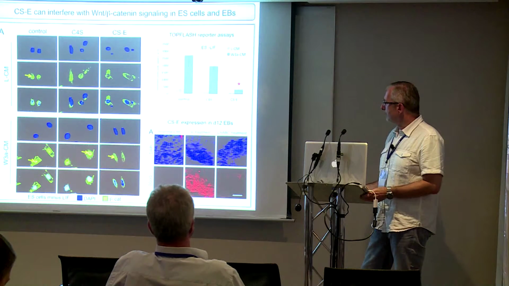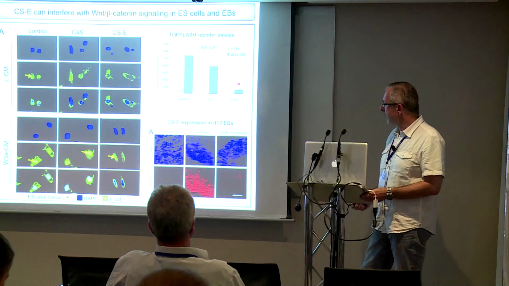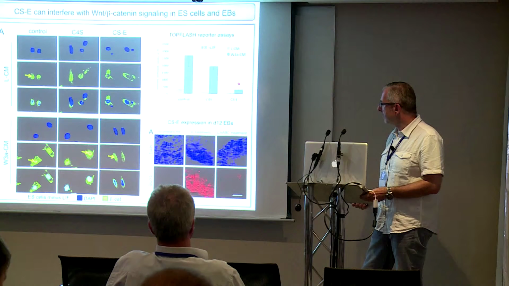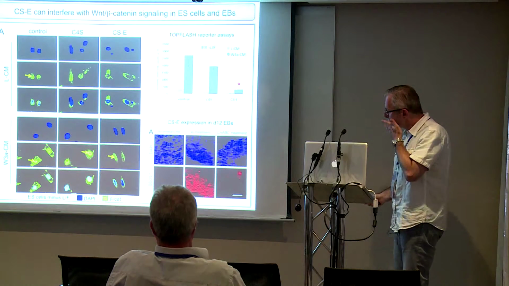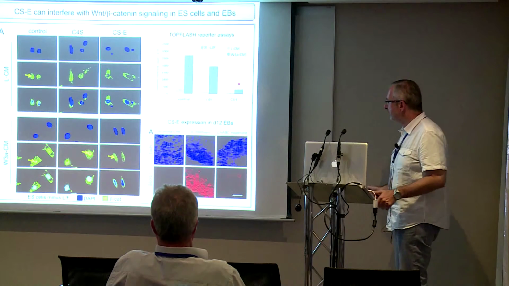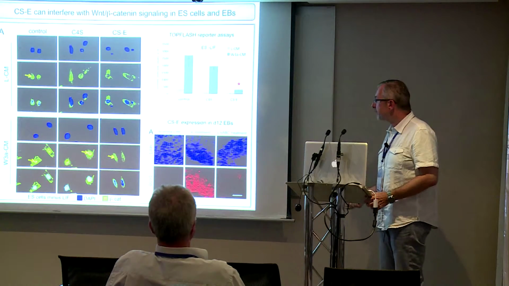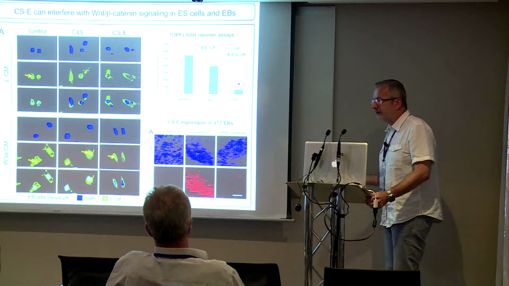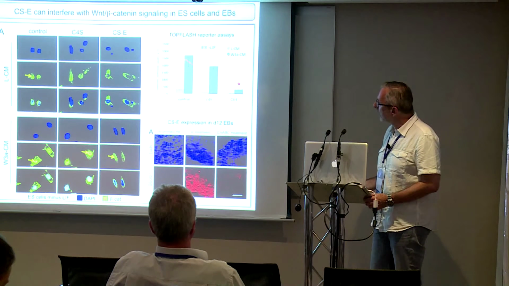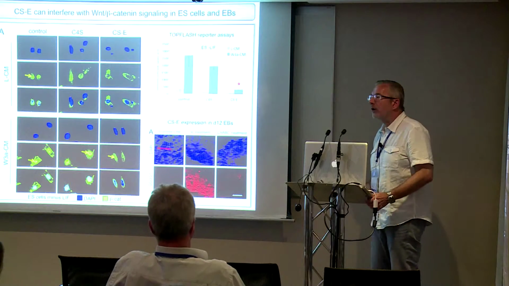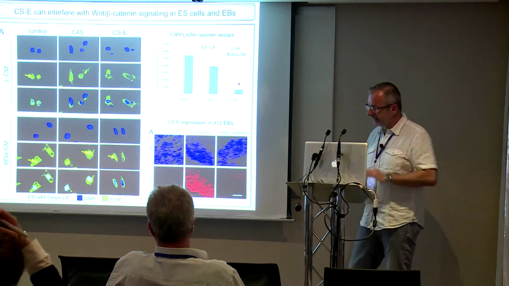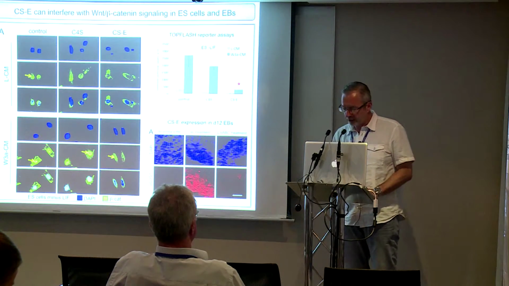This is the panel that's important, DAPI, and here is the CSE antibody. This is a control without primary antibody. This is a control when we treat with chondroitinase ABC. You eliminate chondroitin sulfate, so there shouldn't be a signal anymore, and there is no signal. So CSE downregulates Wnt signaling and is also present at fairly high levels in our embryonic body cultures.